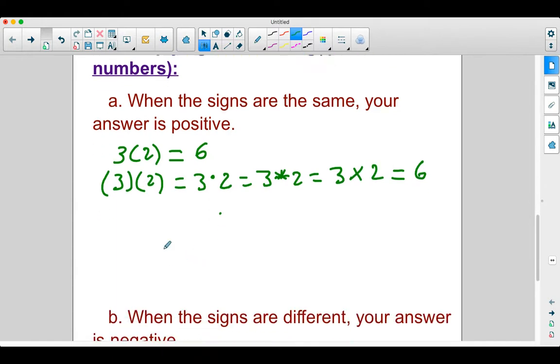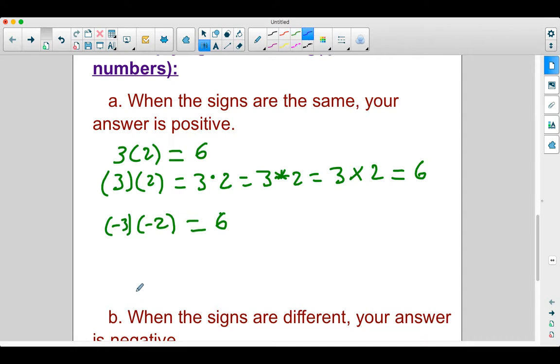Now, same sign, meaning that if both numbers are negative, let's say negative 3 times negative 2, my answer would be positive. And the same rule applies for division as well.